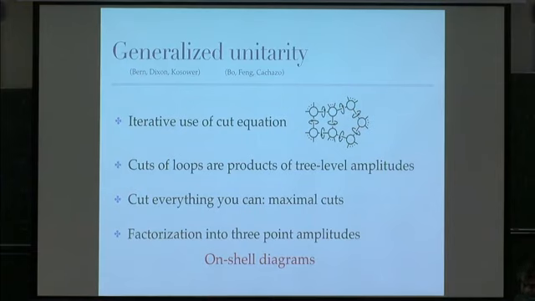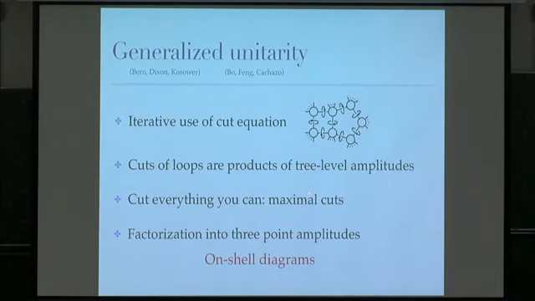We can iteratively use these cut equations and factorize the full loop integrand into products of trees. So cuts of loops are products of trees. If you cut everything you can, you get maximal cuts. But these maximal cut pictures still have 3-point amplitudes in the corners, so you can further factorize them using recursion relations until you get on-shell diagrams.